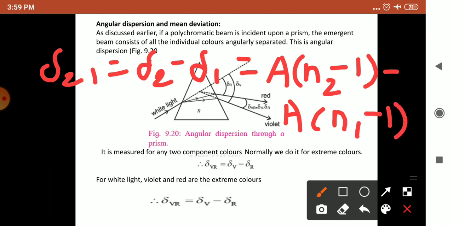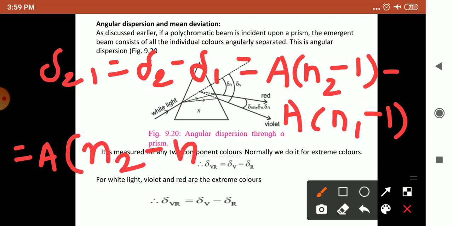So commonly it becomes A into n2 minus n1, where n1 and n2 are refractive indices for the two different colors, that is red and violet.